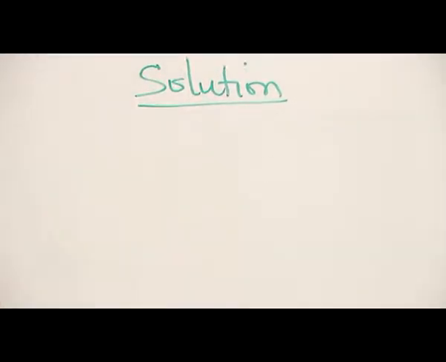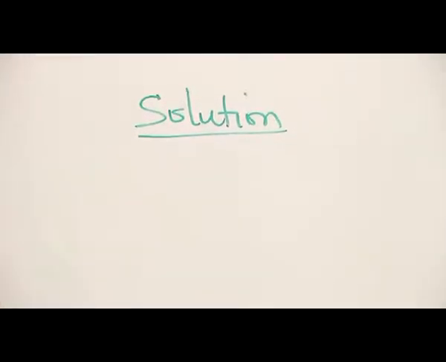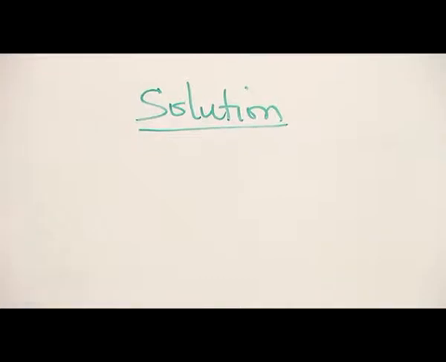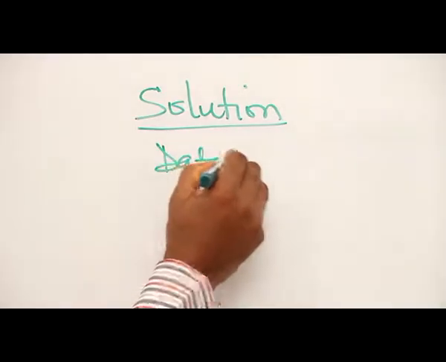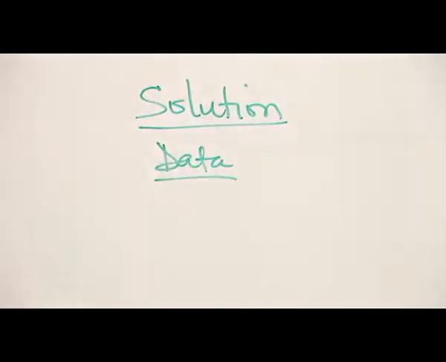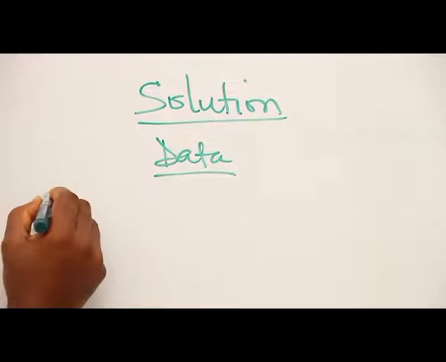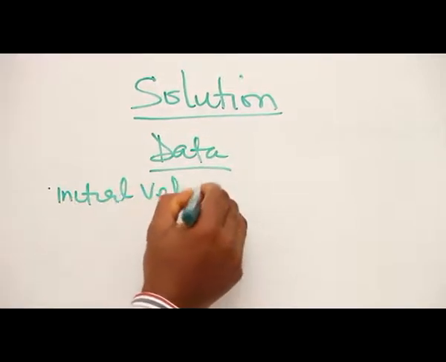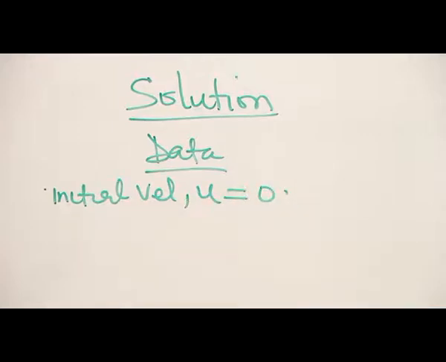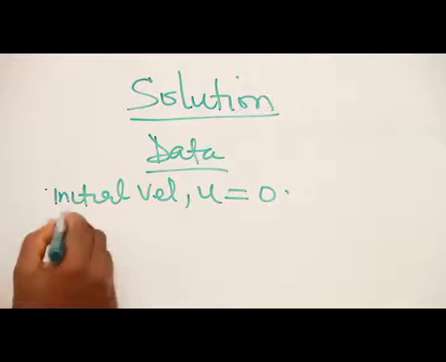Solution. First of all, we take the data provided in the question. We are told that the car started from rest, meaning that initial velocity u is 0. We are told that it moves with uniform acceleration.